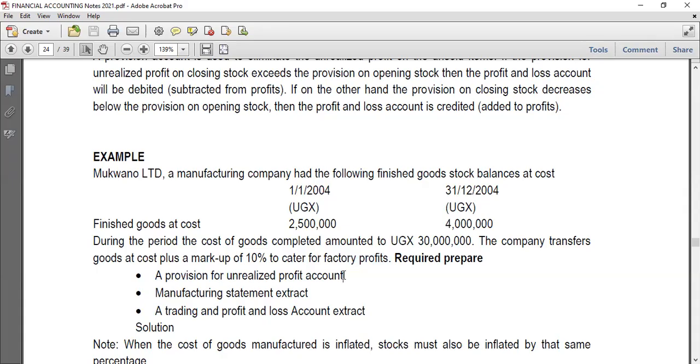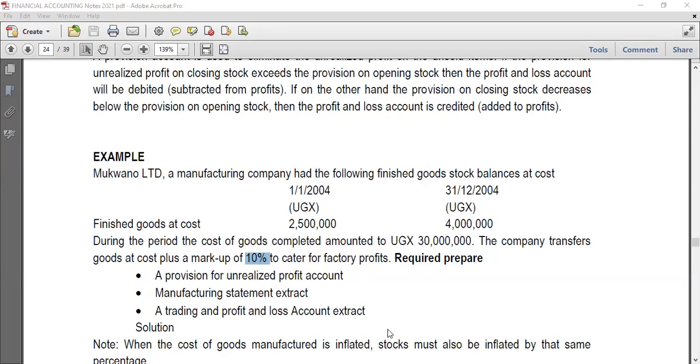Like they have indicated to us, we are going to determine the unrealized profit on our opening inventory, and then we shall also determine our unrealized profit on the closing inventory. And basically, we are going to use this 10% markup.